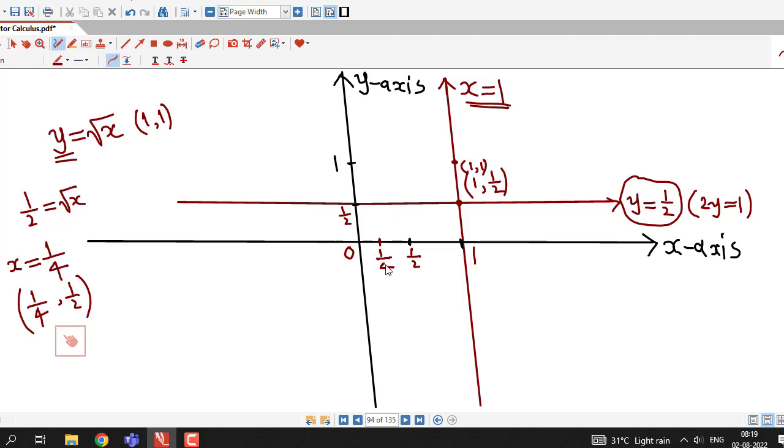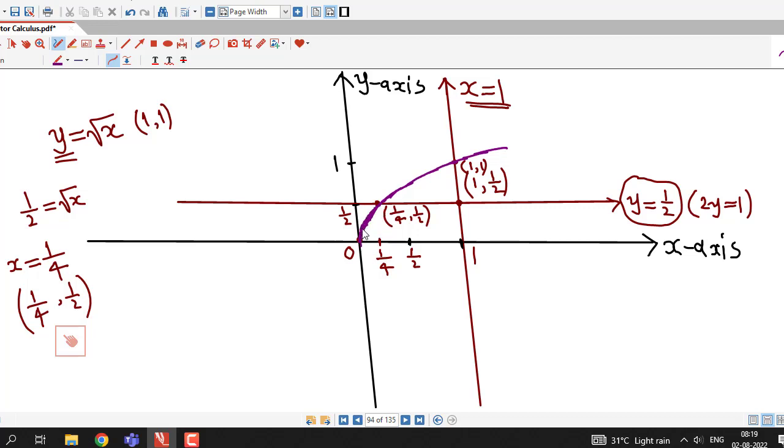So this distance is 1 by 4 and this is 1 by 2. So the parabola will pass through this point also, which is (1 by 4, 1 by 2), and it is passing through the origin also. So this is the graph of the parabola y equal to square root of x, and it is passing through these 3 points.